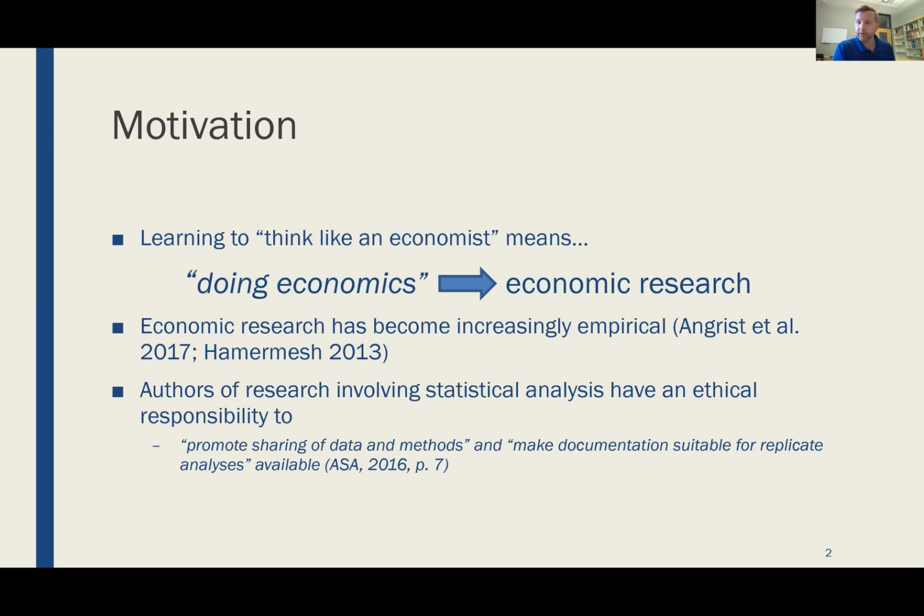As many of you probably know, the American Economic Association recently appointed its first data editor and ramped up requirements for reproducibility and data availability. So that was our first motivation, that doing economic research is important, and that research is becoming increasingly empirical and needs to be more transparent.